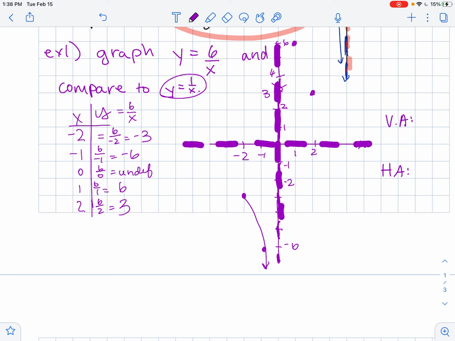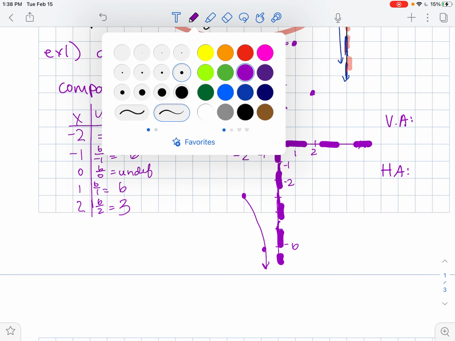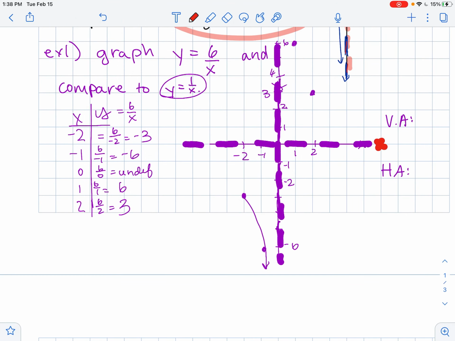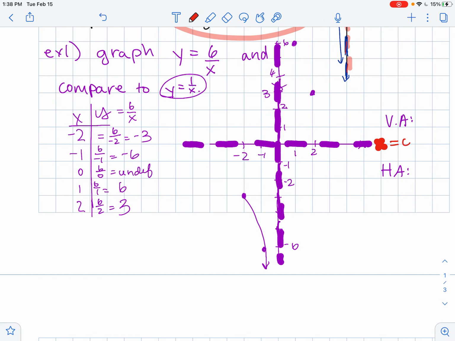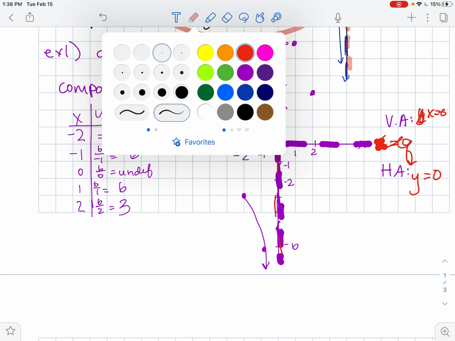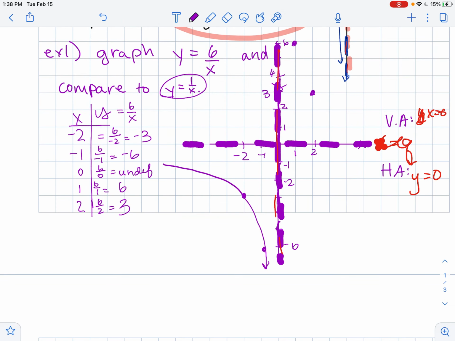So we also have these asymptotes: my vertical asymptote is x equals 0, sorry, and my horizontal asymptote is y equals 0. The rest of my graph is going to be guided by those asymptotes.